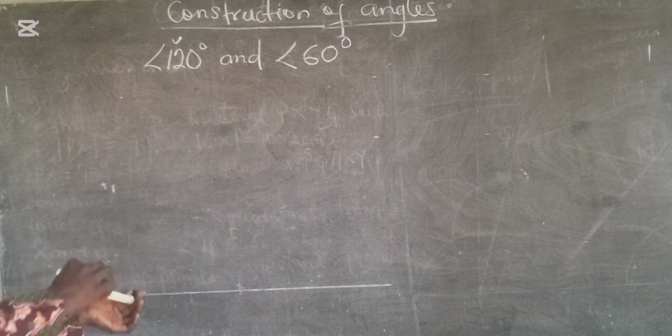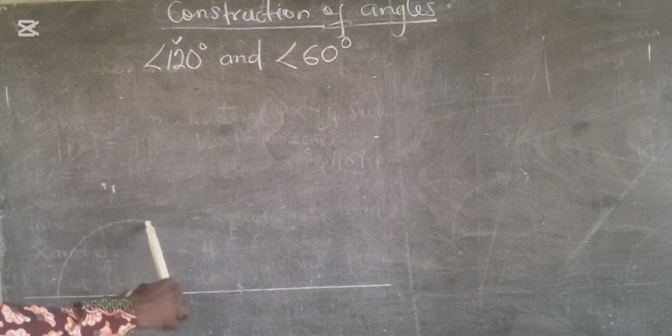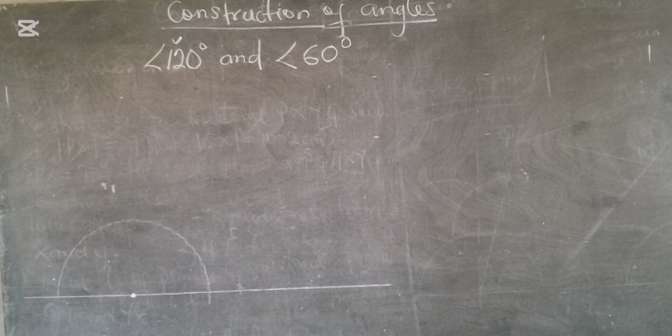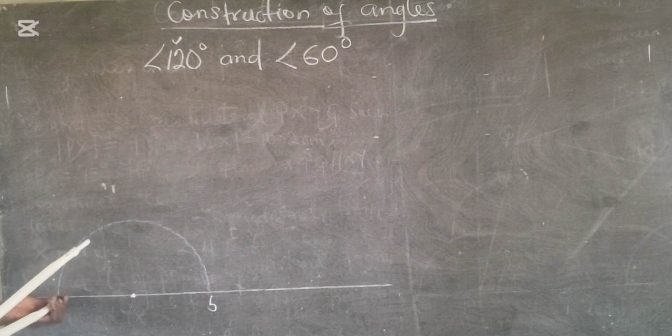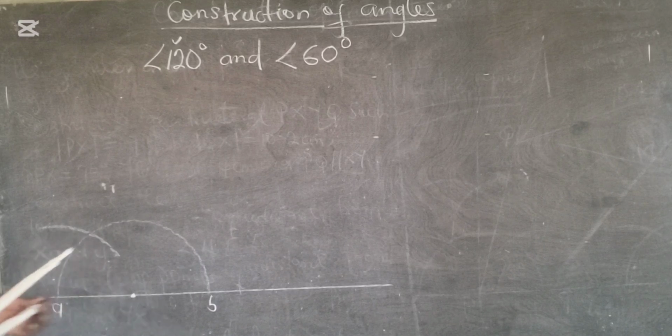You draw a semicircle here. Let me call here A and here B. So you put it at A to cut this. That angle is 120.